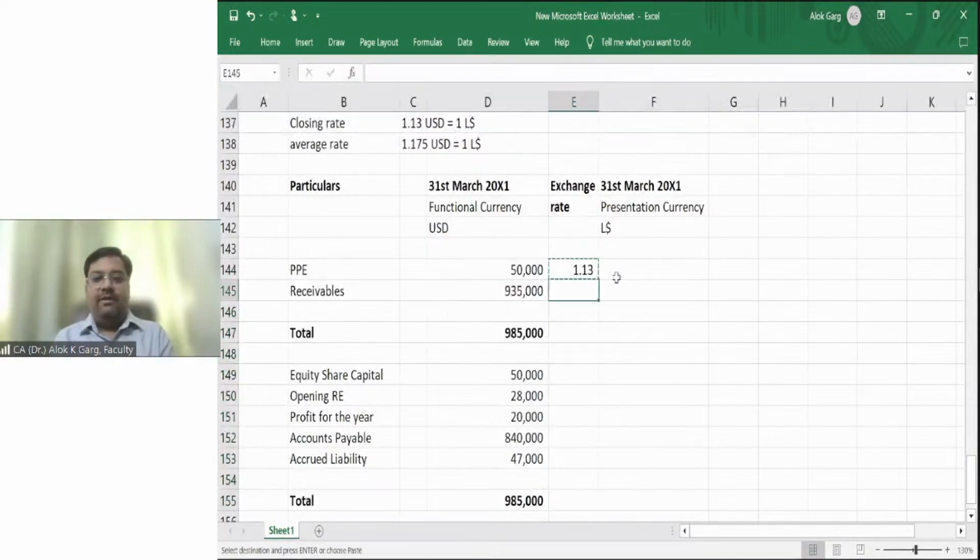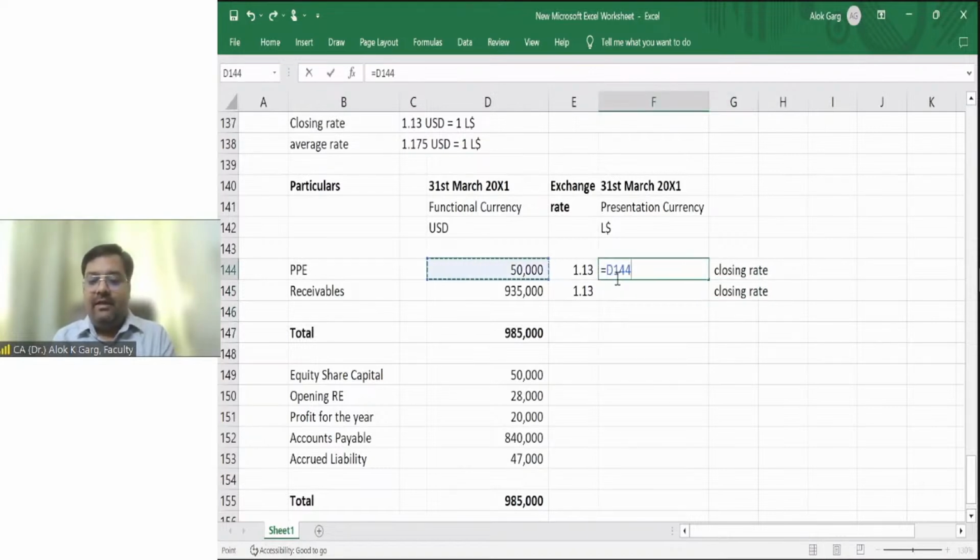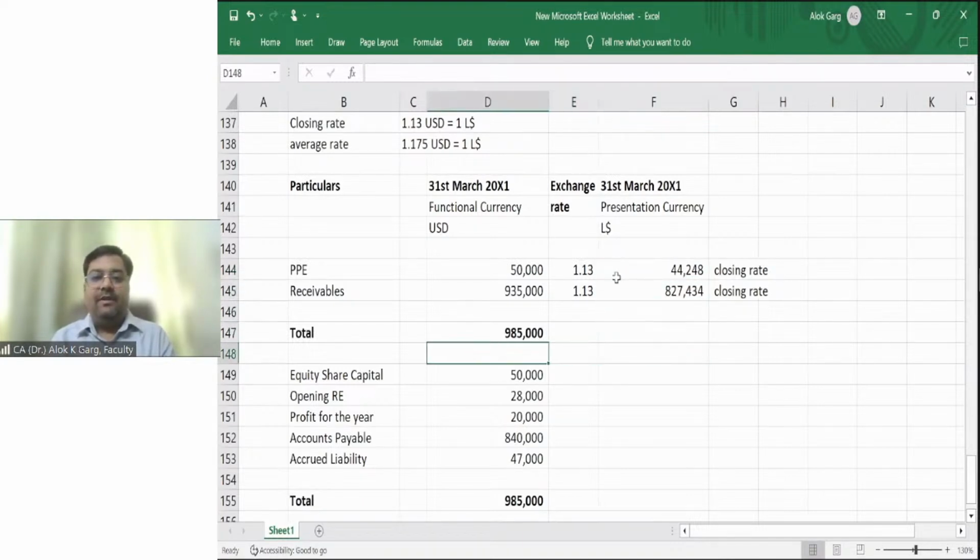Receivable at 1.13, right? Equity, again, equity share capital at 1.13? No, it is the historical rate, and the historical rate is given in the question, right? So PPE has to be converted at the closing rate, and receivable too. So 50 divided by 1.13. Receivables 935 divided by 1.13.